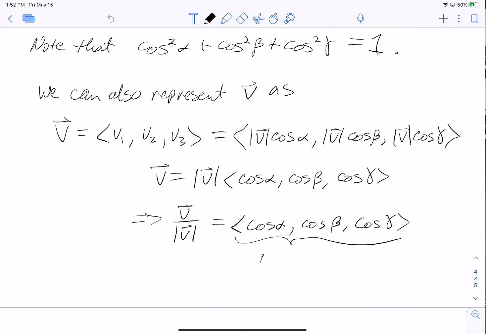This confirms that we have a unit vector here, per our statement about the sums of the squares of the direction cosines.